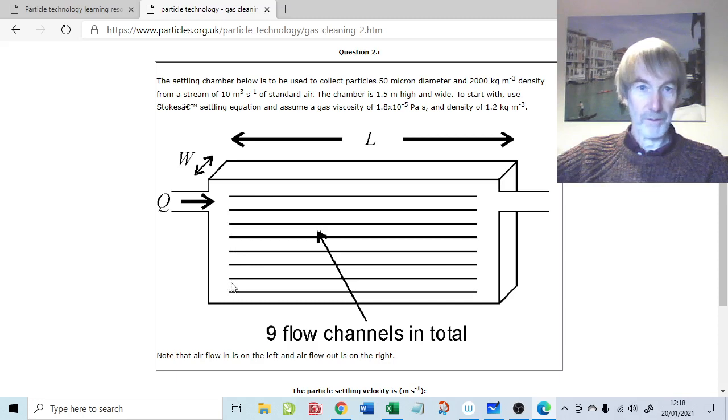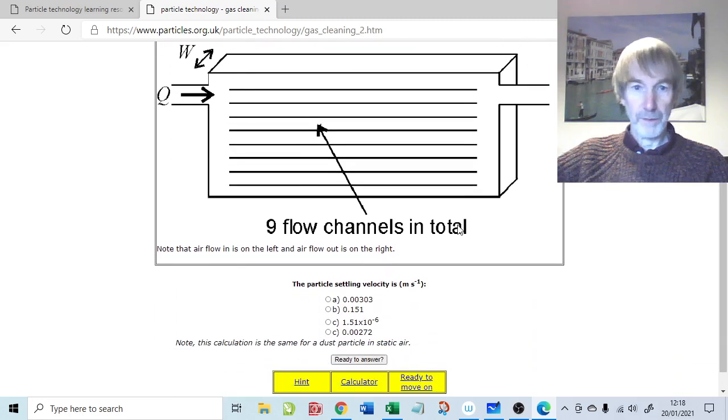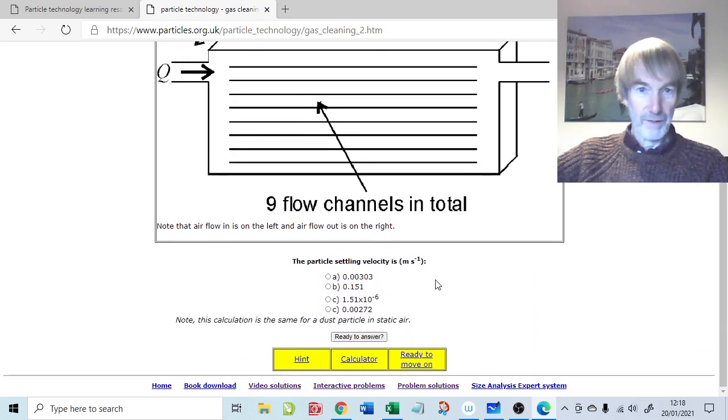So we've got 8 plates, and of course there's the bottom of the device, which gives us 9 channels in total. The question starts off by asking us to calculate the settling velocity using Stokes.